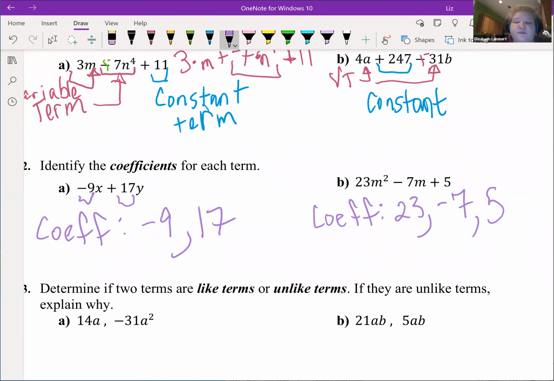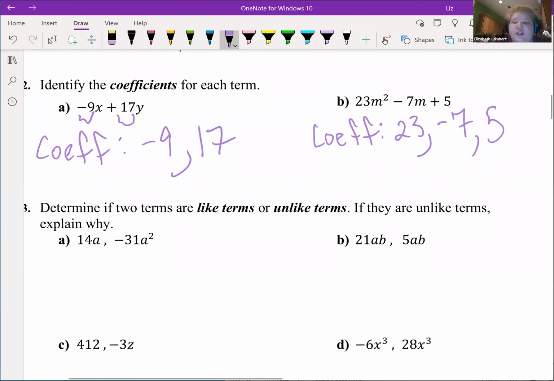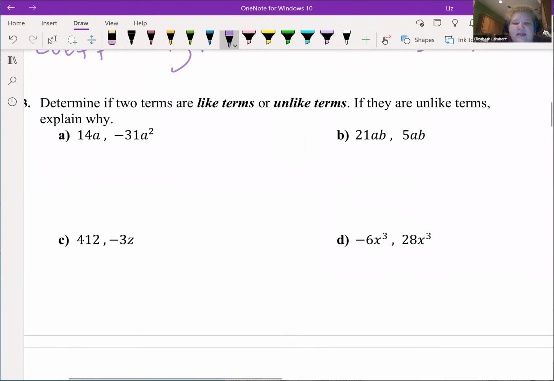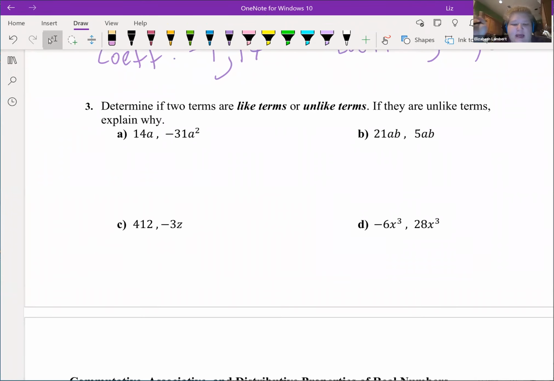All right. Now, like terms or unlike terms. So this is the kind of thing that just discombobulates a lot of people. They find it really difficult. So I find for a lot of people at least, I will say the things out loud, and if what I say is the same, or if I can rearrange it so it's the same for the labels, not the number part, just the label, the letters, then they're like terms.